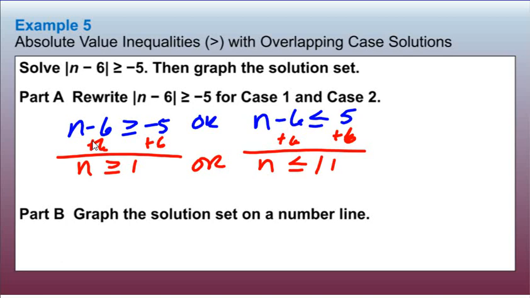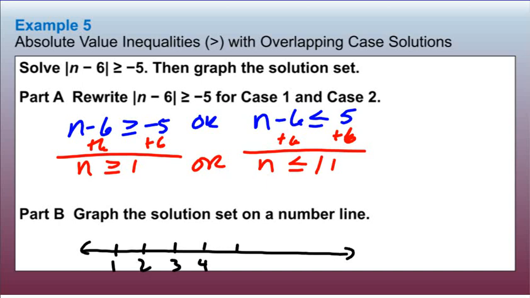So on a number line, we'll have 1, and let's see, we got 1, 2, 3, 4, 5, 6, 7, 8, 9, 10, and 11 here.